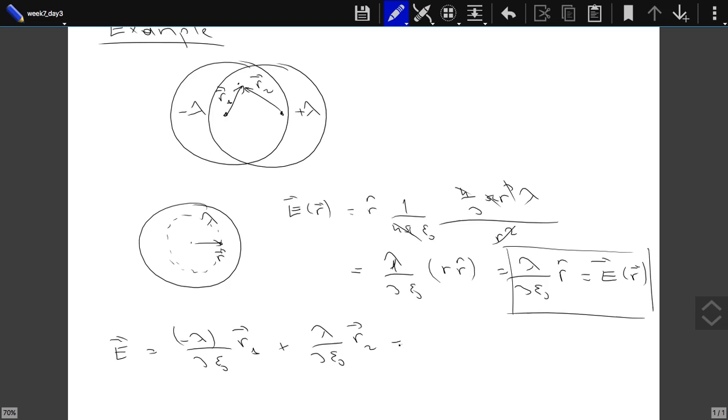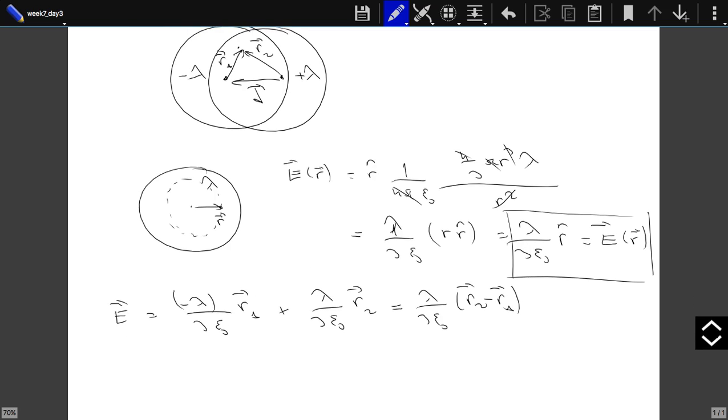If we just combine them, this is lambda over 3 epsilon 0 times (R2 minus R1). Or if you look at that diagram, R2 minus R1 is nothing but this vector. So the electric field is lambda over 3 epsilon 0 times d.